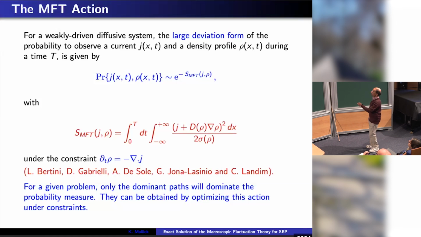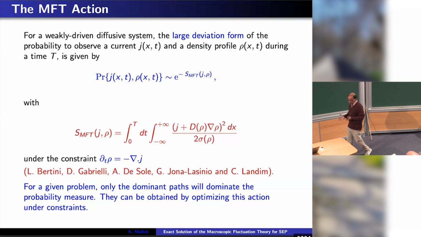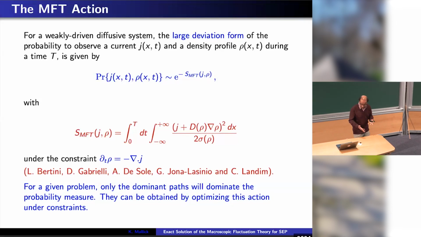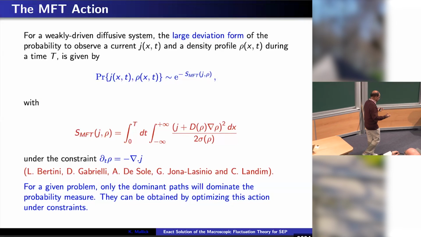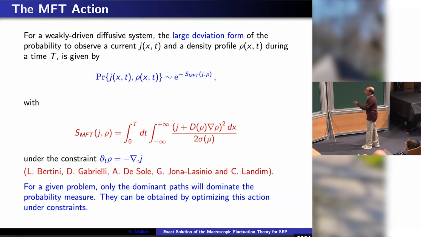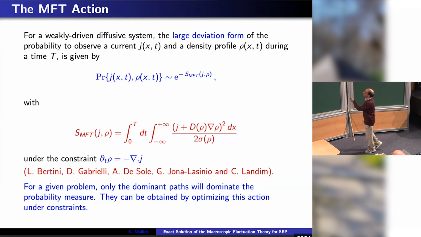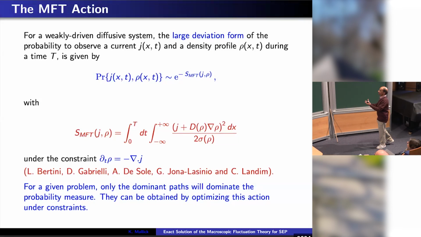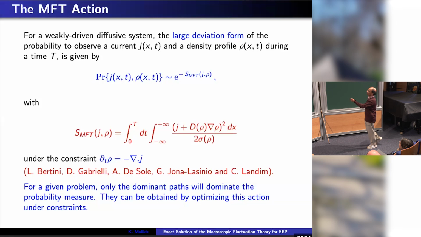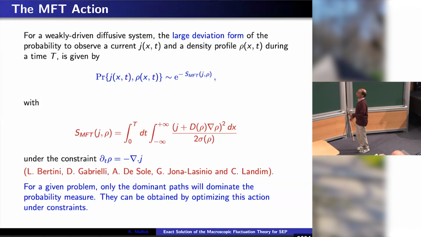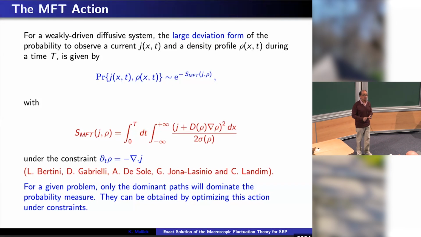So I rewrote this rate function as an action functional. And somehow 20 years ago, the group of Rome, including Claudio Landim, who is still considered a Roman in the physics literature, although he's not, around the fatherly figure, the driving figure of Jona-Lasinio, proposed a kind of very general theory.